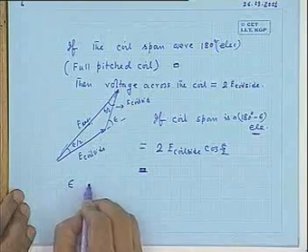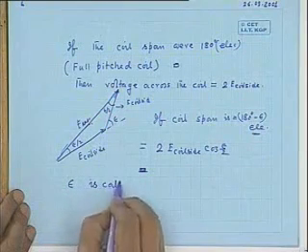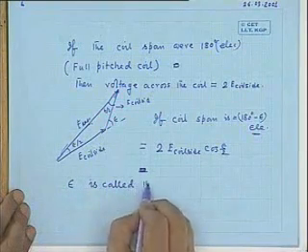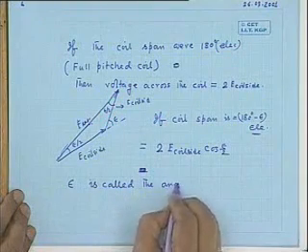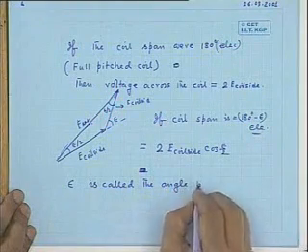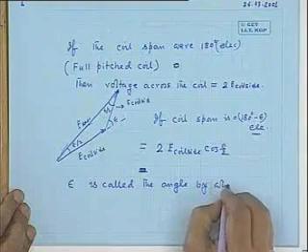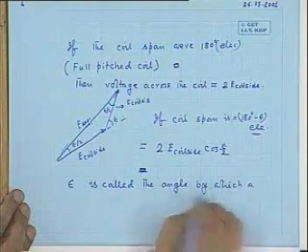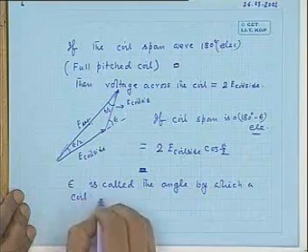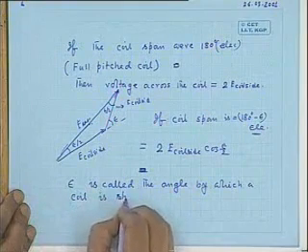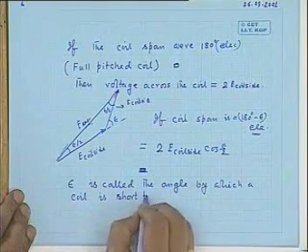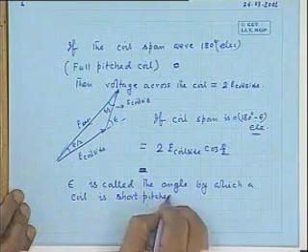This angle epsilon is called the angle by which a coil is short pitched.